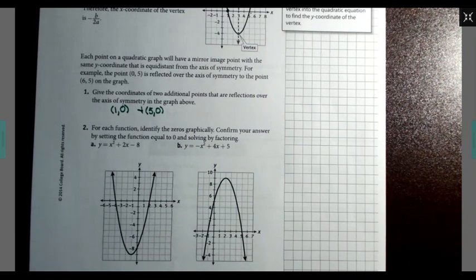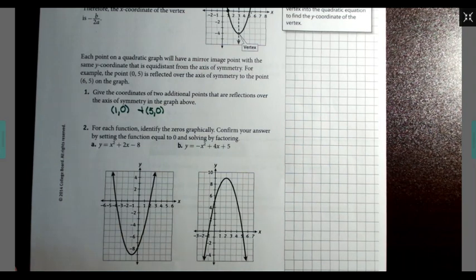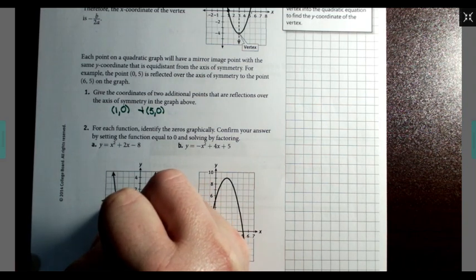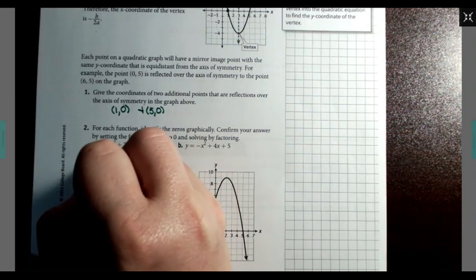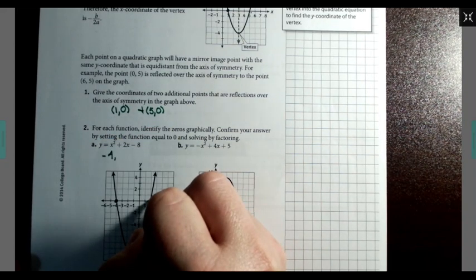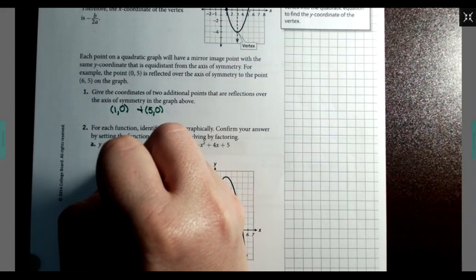Number 2, for each function, identify the zeros graphically. Confirm your answer by setting the function equal to 0 and solve by factoring. All right, well, I see graphically that I have a 0 at negative 4 and positive 2.